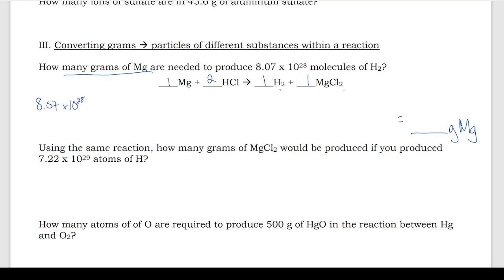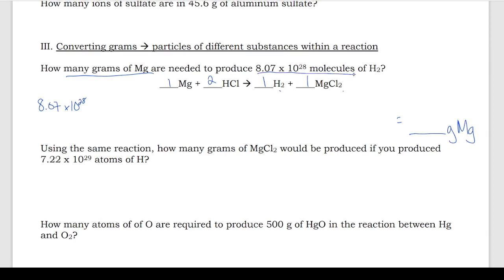Okay, 8.07 times 10 to the 28th. What is our unit? H2. The correct substance is H2, yes. So we are in H2. What H2 though? Molecules of H2. So this many molecules of H2.